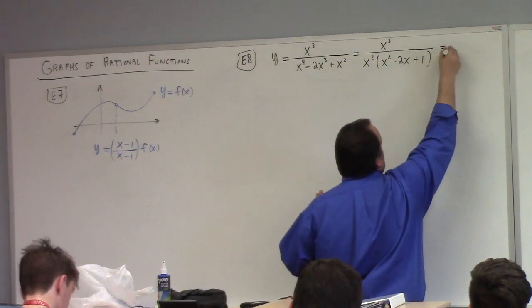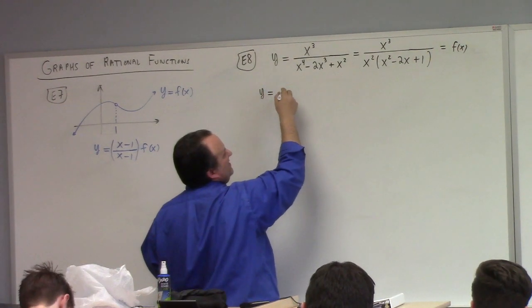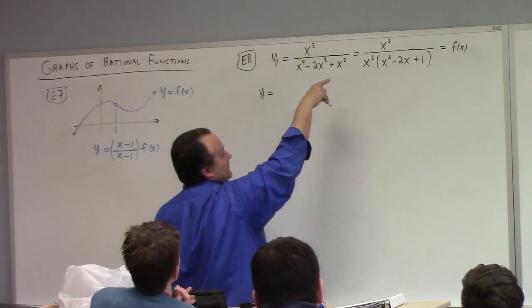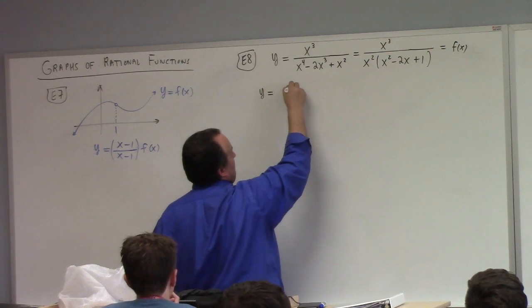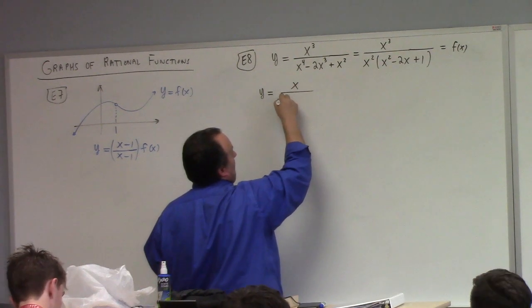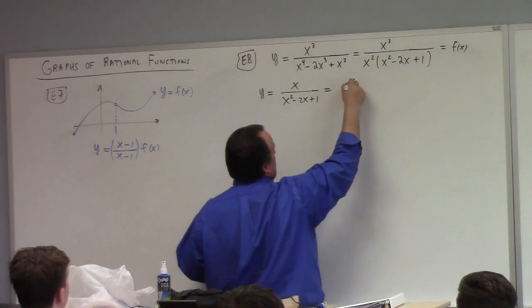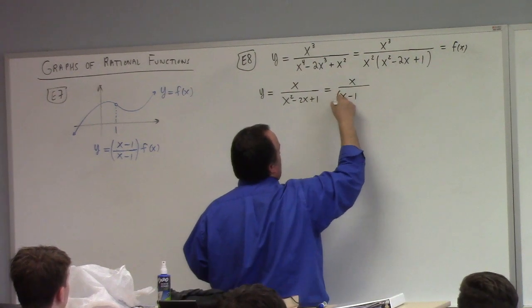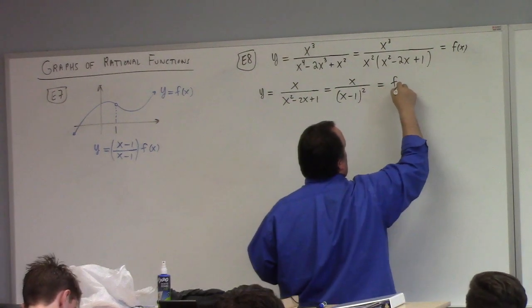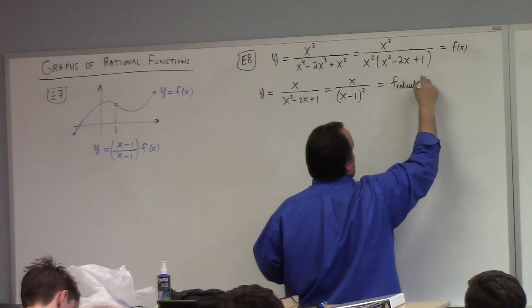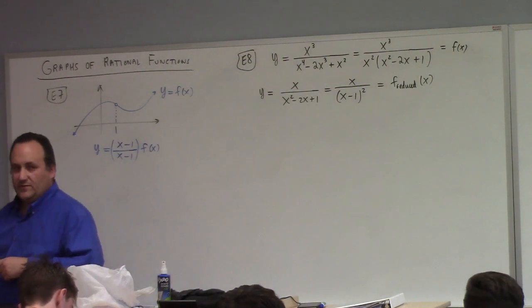If this is f of x, I can write y is equal to, I can reduce the x cubed over x squared, which gives me just an x, over x squared minus 2x plus 1. Of course, we can factor that. That's x minus 1 quantity squared. And this is what I would call the reduced function of x. I've canceled out the matching factors.